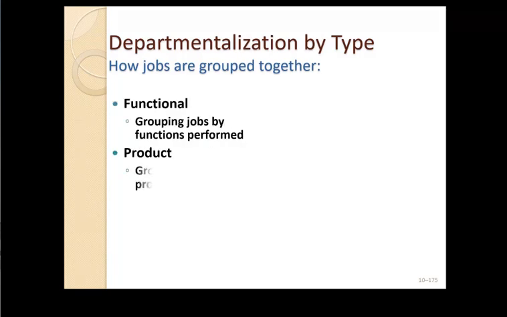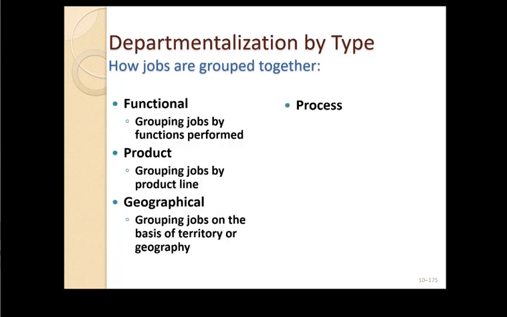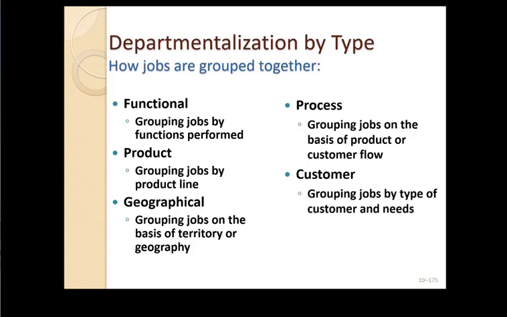Right? And you know that there are some traditional ways to group the jobs together. You can group the jobs by the functions to be performed by the jobs. Right? For example, you need someone to do the calculation when you do the designing job, right?